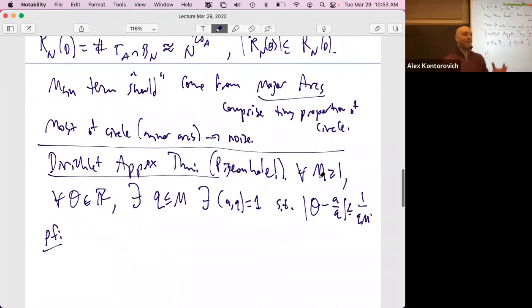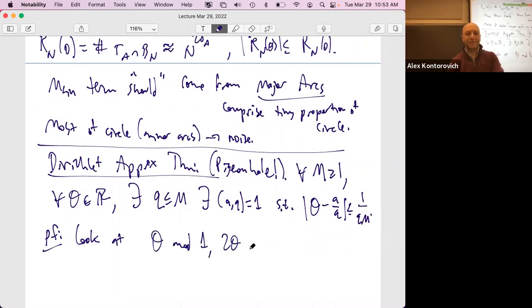So m is the parameter that's controlling the quality of the approximation. There are going to be separate parameters that control whether we're in the major arcs or minor arcs. The proof is completely trivial. You look at theta mod 1, 2 theta mod 1, up to m theta mod 1.